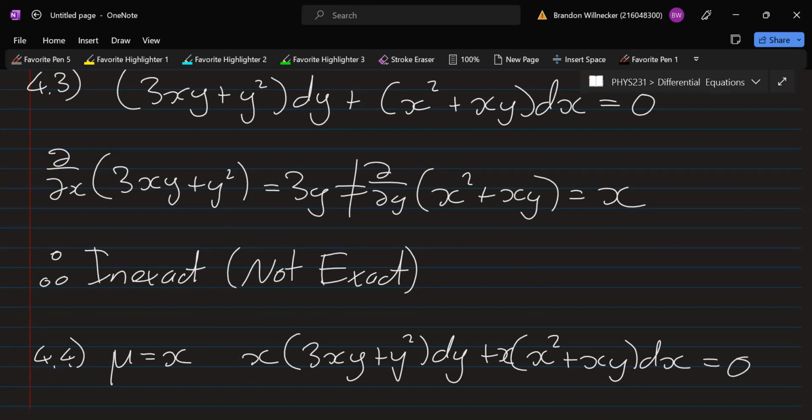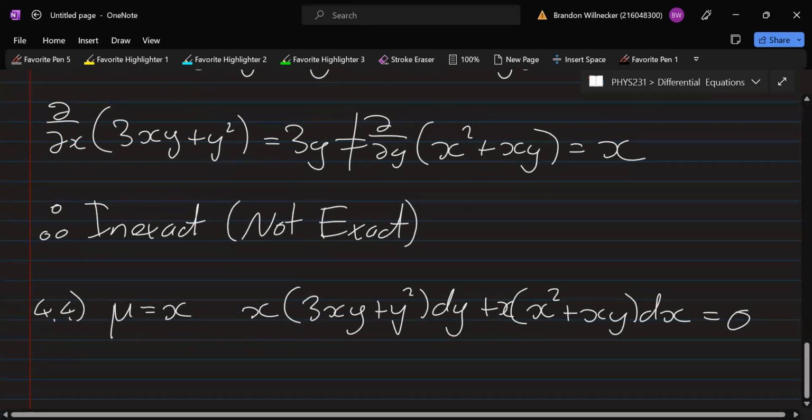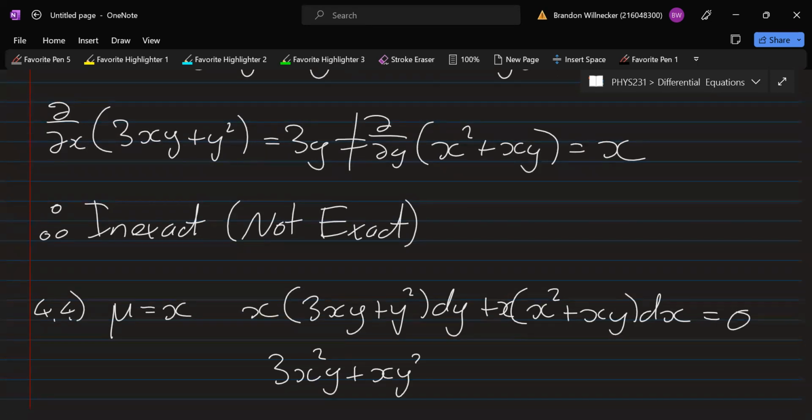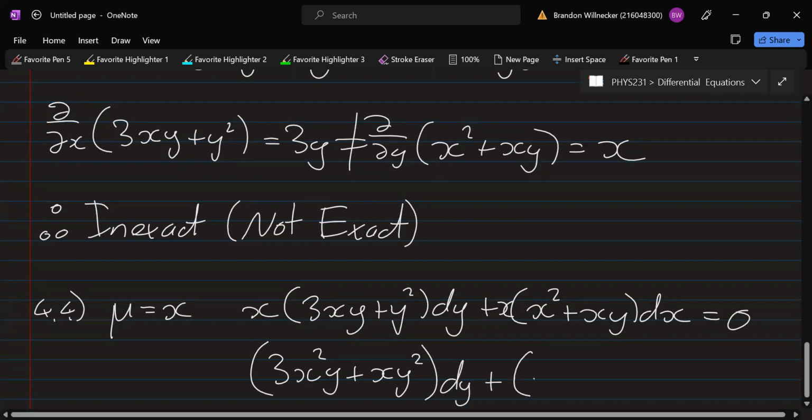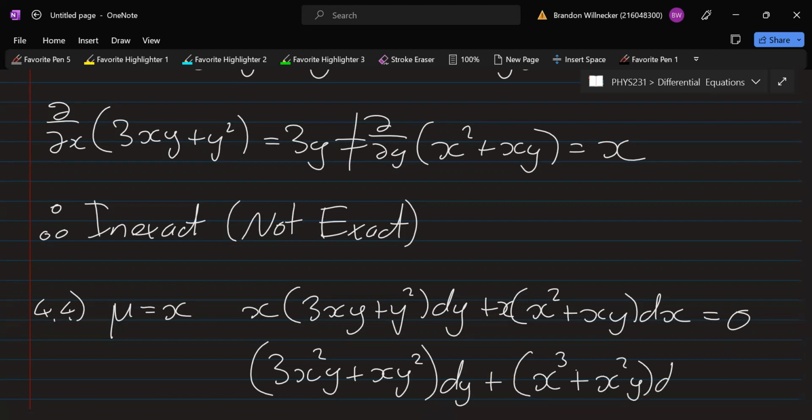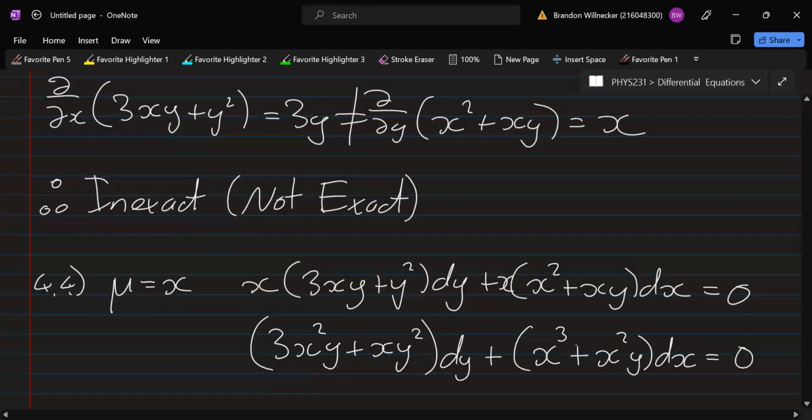So now we have (3x²y + xy²) dy plus (x³ + x²y) dx is equal to 0.